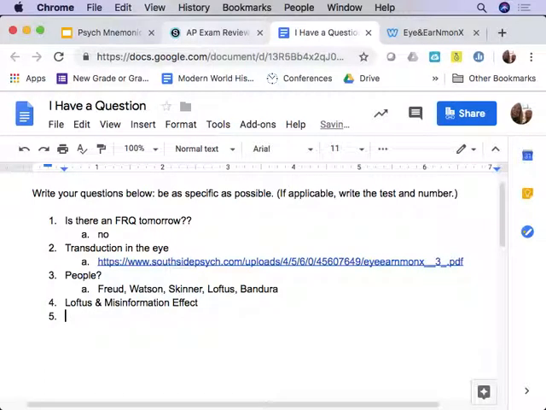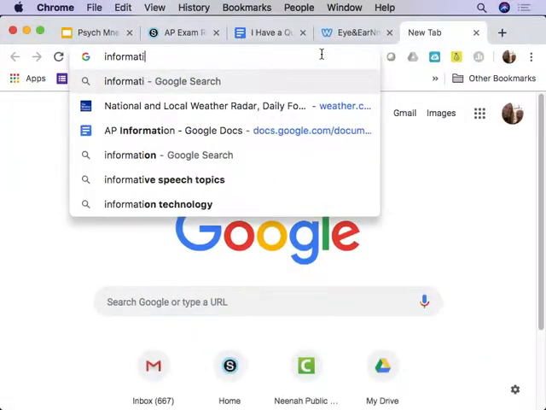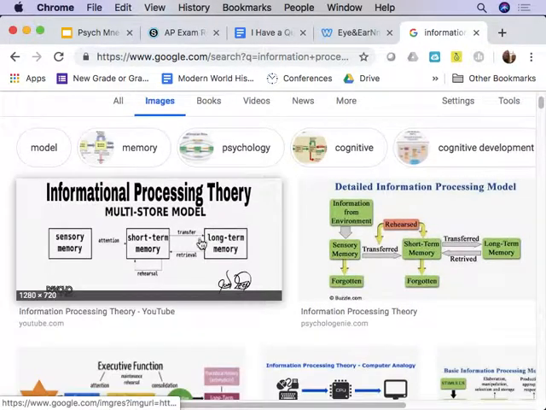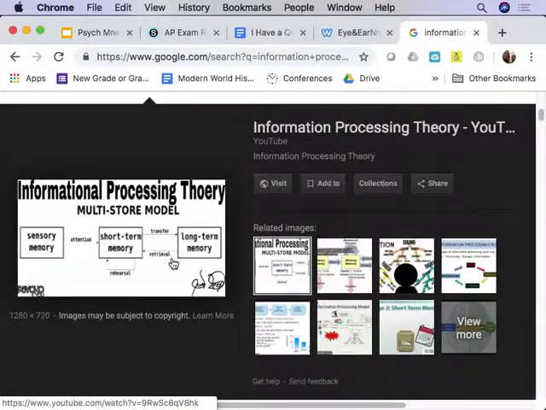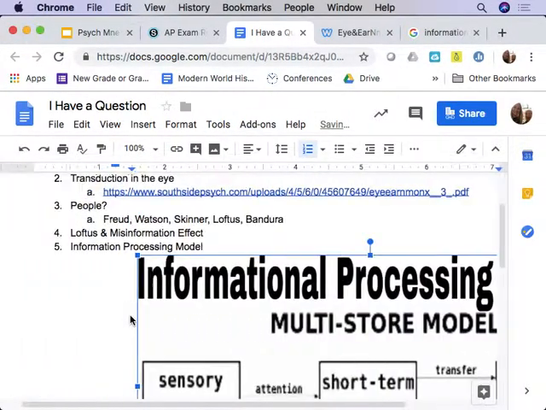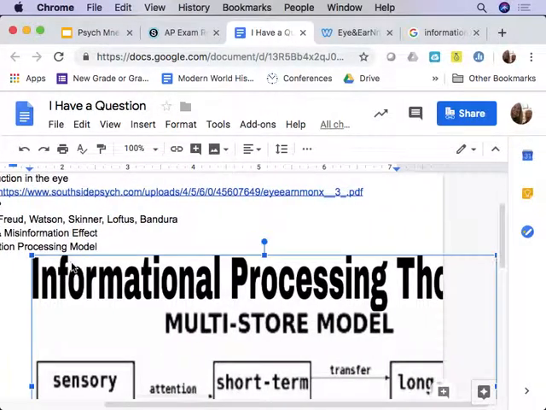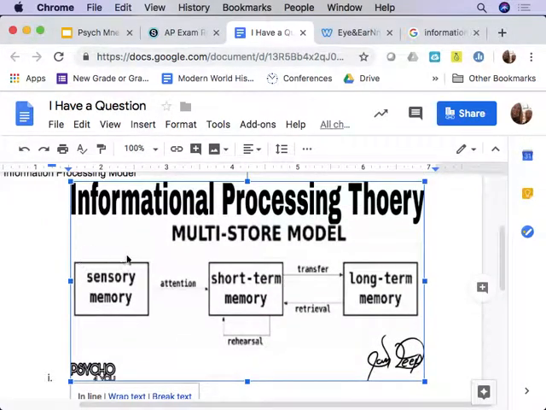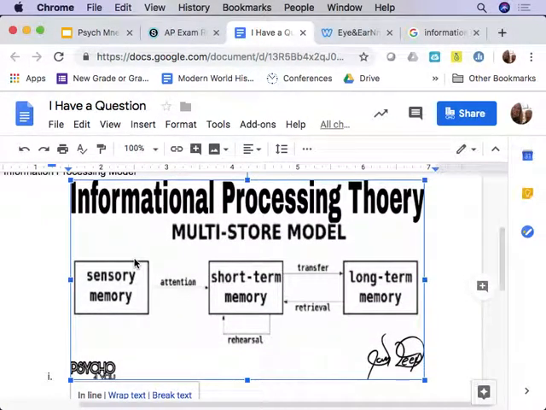Sure. So when we look at the memory information processing model, this is looking at how we perceive and encode memories.